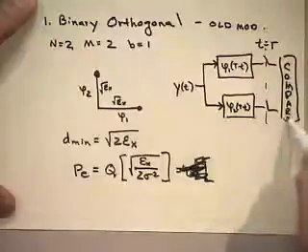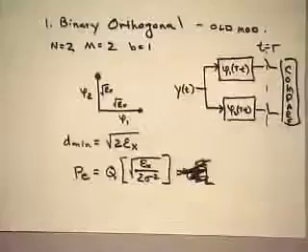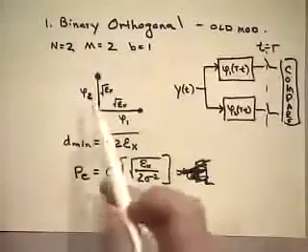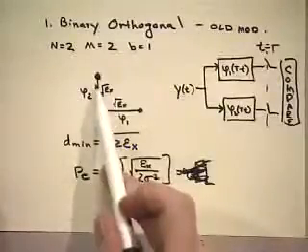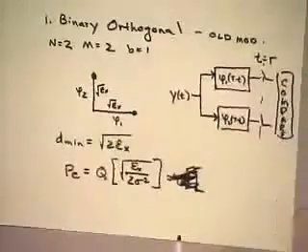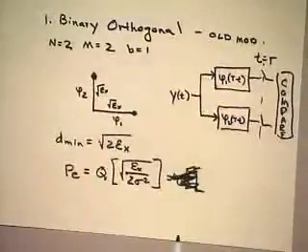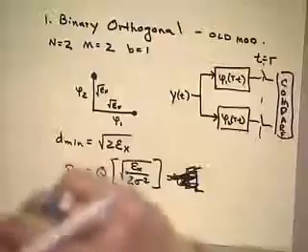If basis function 2's output is larger, then it was this message that was transmitted. If the basis function 1's match filter output is larger, then basis function 1 was transmitted. So that's a pretty easy receiver.